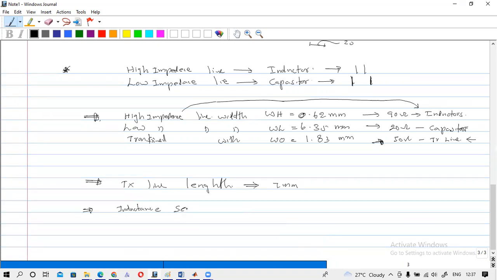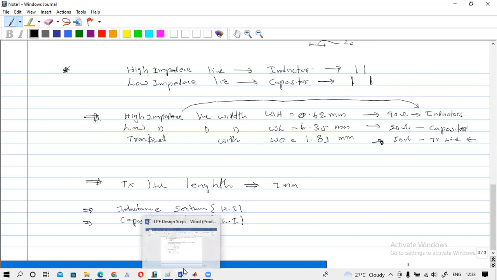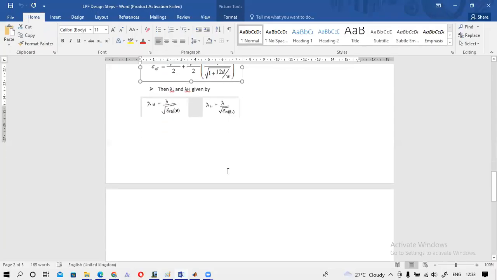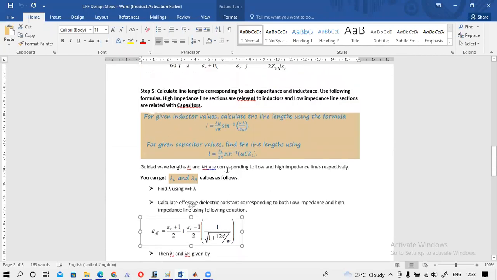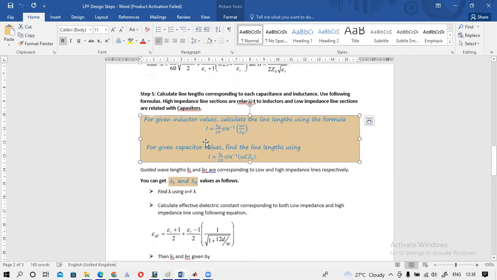Inductance sections are high impedance lines, and capacitor sections are low impedance lines. So we have to calculate these two lengths. You can use these two identities.